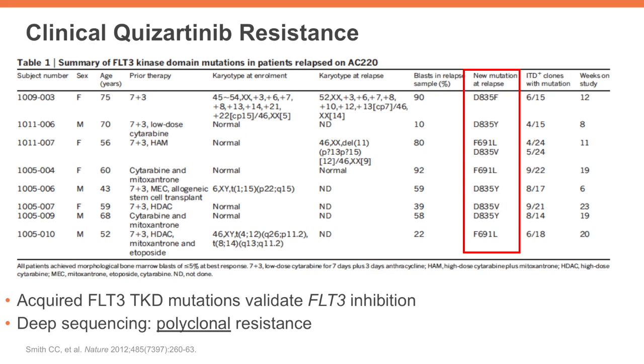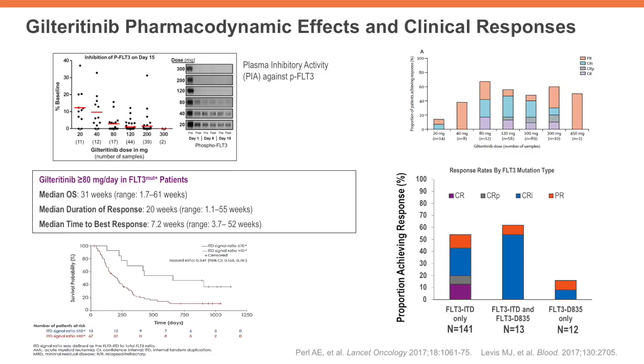Here we see the most common mutation is indeed D835 tyrosine kinase domain mutations, while some patients have an F691 substitution that acts like a gatekeeper mutation to impair binding of the drug to kinase target. Gilteritinib is a FLT3 inhibitor that was developed to address both the issue of toxicity and also potency and selectivity for ITD versus D835.